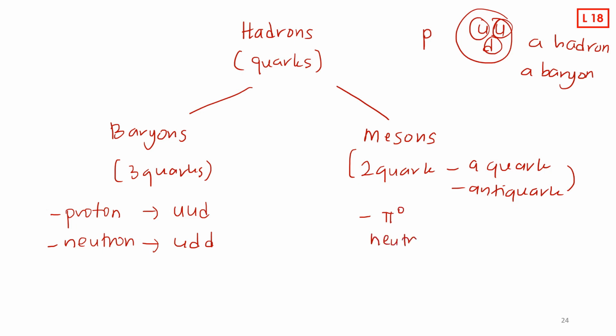Neutral pion is the name, and you don't have to remember the names, you just have to know the category or the types of quarks. For the neutral pion, the components are U and U over bar. It means that the particle has a quark and an antiquark inside it. So we call the neutral pion a meson.